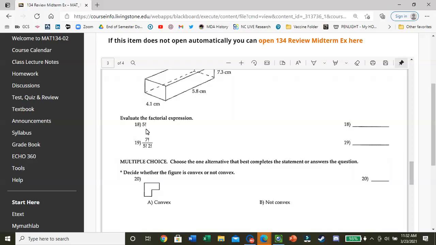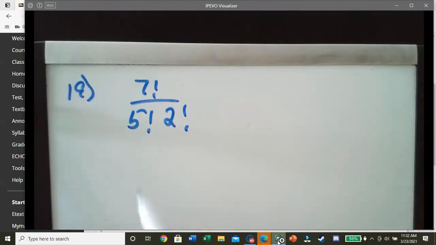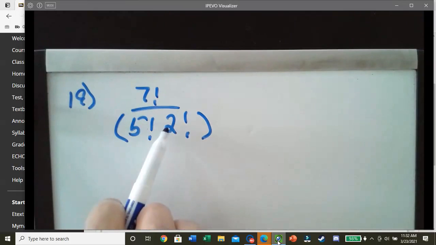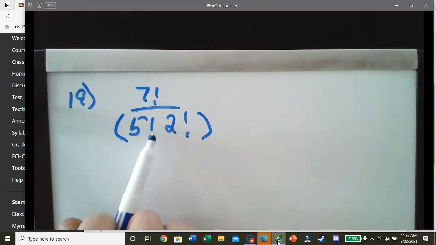So, anybody need to see 19? One thing about 19, let's look at that one real quick. You've got 7 factorial over 5 factorial times 2 factorial. All right, you've got to be careful with this one, okay? Because you've got to put parentheses. If you're going to do this all in one step, you've got to put parentheses around that denominator.